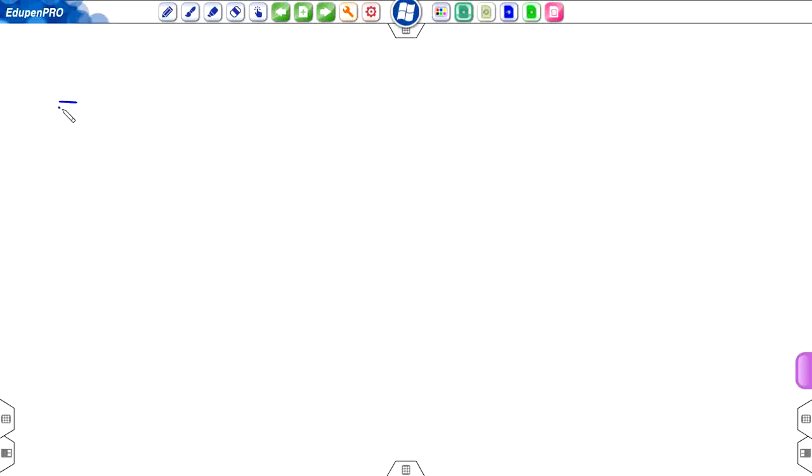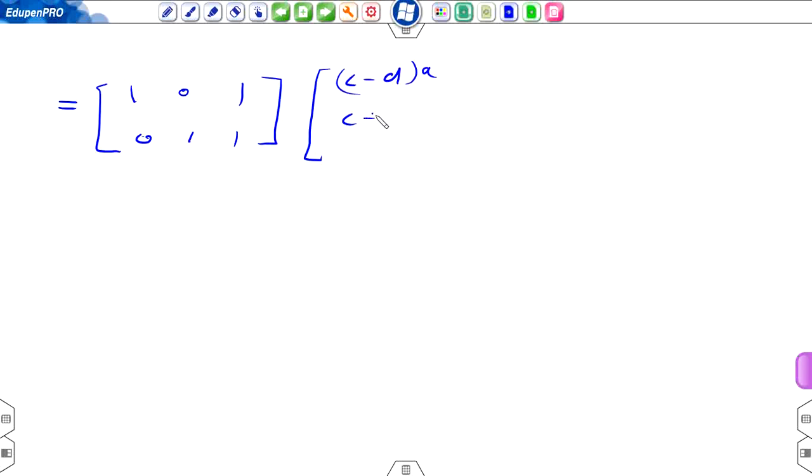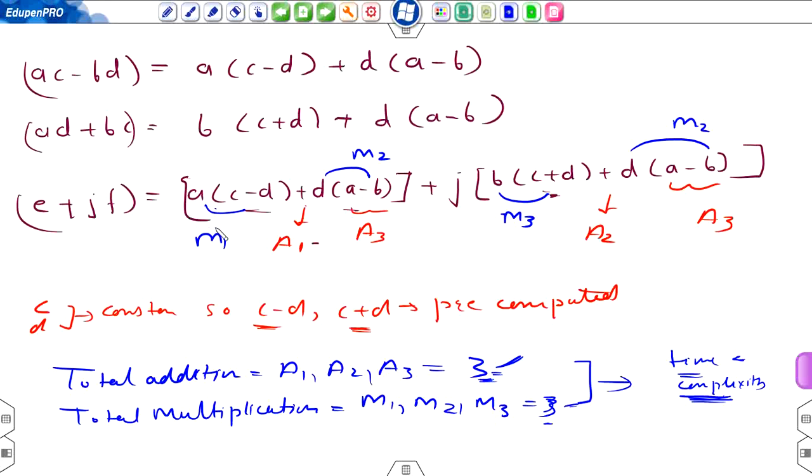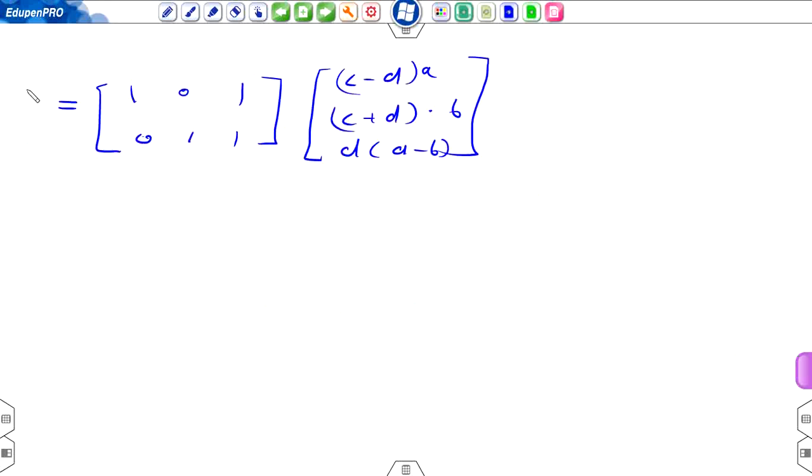So this term can be written as 1 0 1, 0 1 1 and C minus D into A, C plus D into B, and D into A minus B. Okay, so this is the real term, and E is real and F is imaginary. This can be expressed in this form.